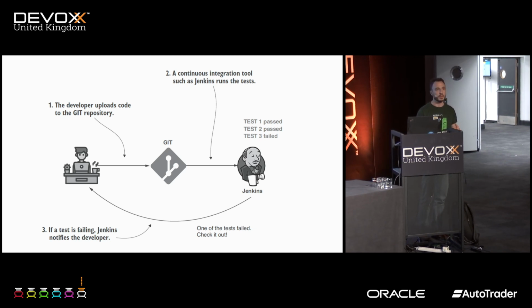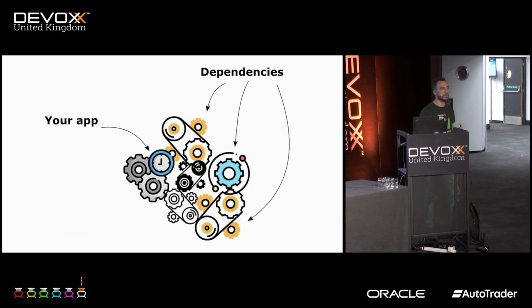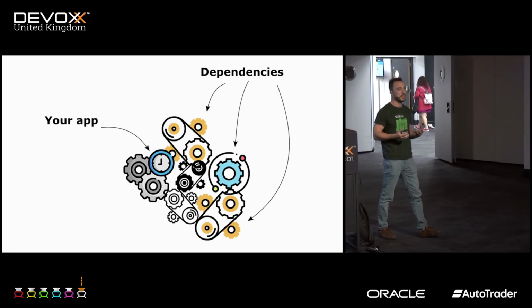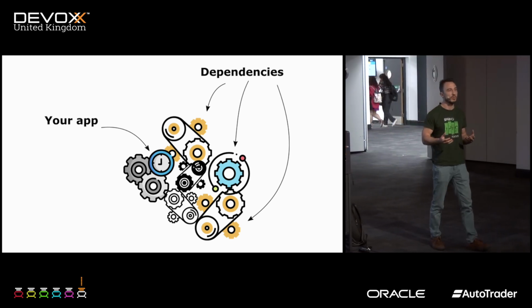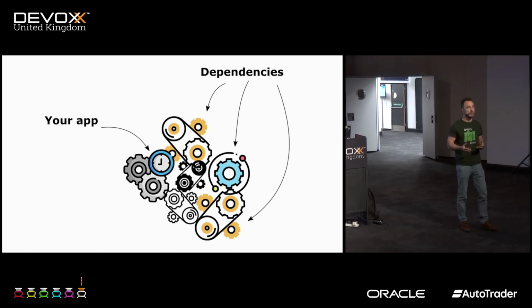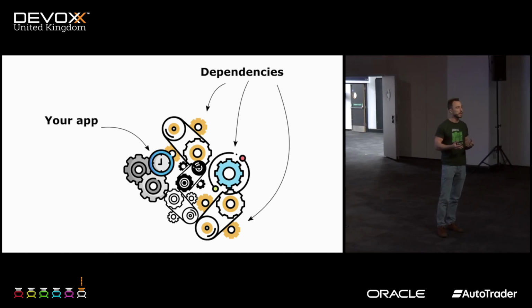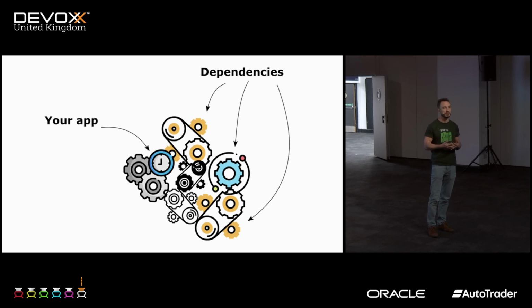But not only regarding your code base, but also regarding the dependencies. You might have already seen some of the previous talks, and I think I've seen at least a couple of people stressing dependencies in your applications. Why is that important?